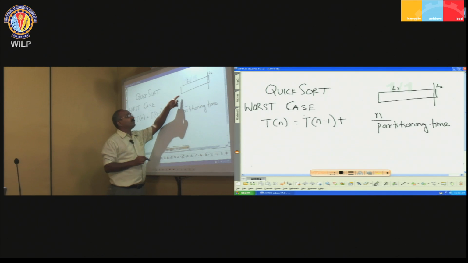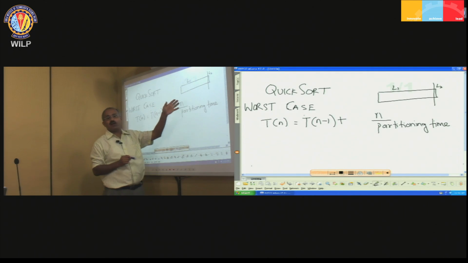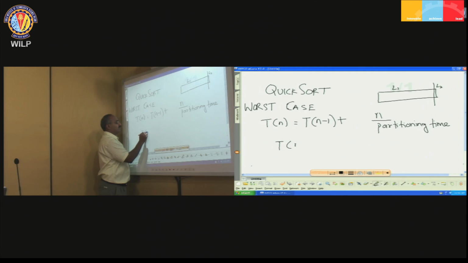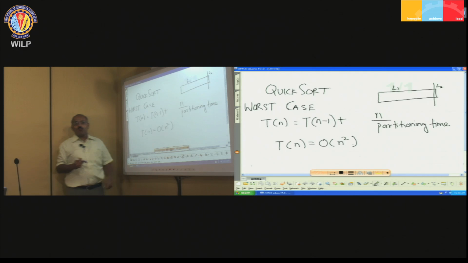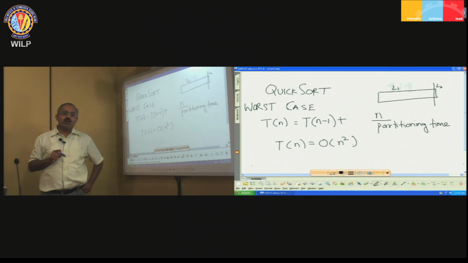Such a scenario will happen in an increasing sequence. In a decreasing sequence you will have L1 which will have only one element, L2 will have all the other elements, and so forth. It can be shown that this recurrence relation is order n squared. So, what we observe is in the quick sort algorithm, the best case is n log n and the worst case is n squared.